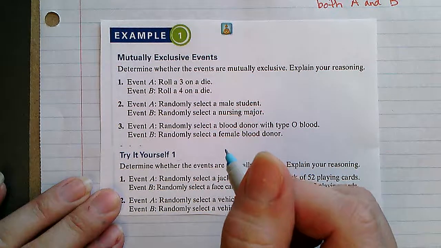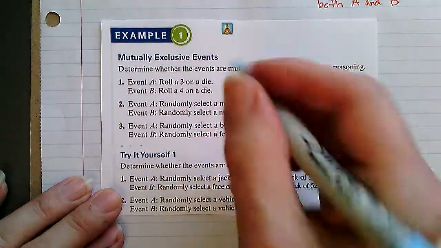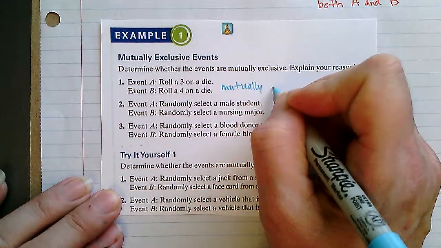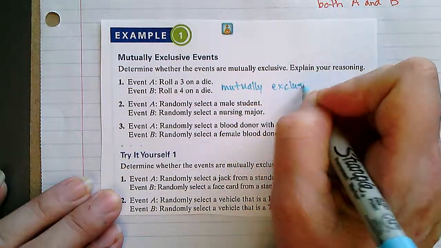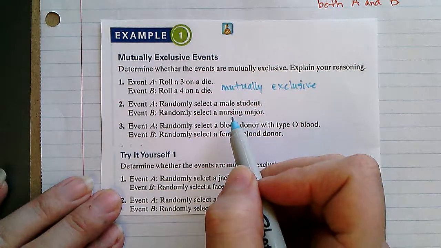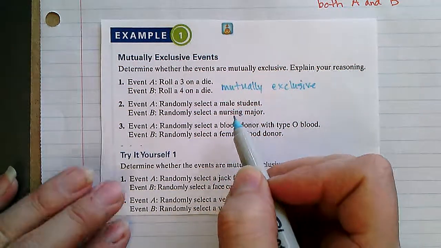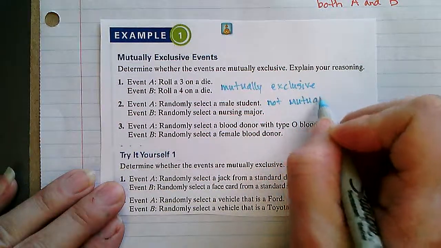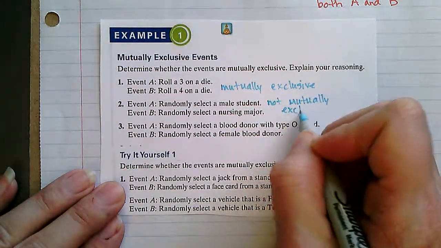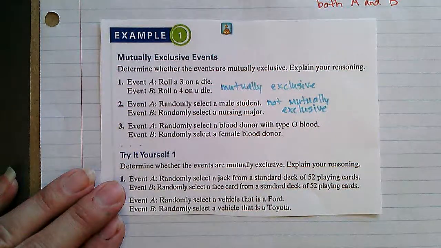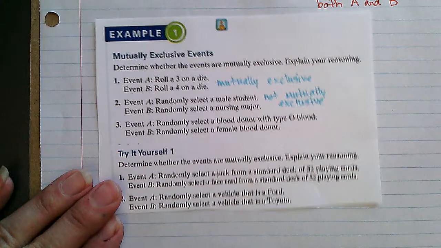Since I cannot do both of those at the same time, those would be mutually exclusive. Randomly selecting a male student or randomly selecting a nursing student. These are not mutually exclusive, because there could exist a person who would be both of those things, both a male student and a nursing major.